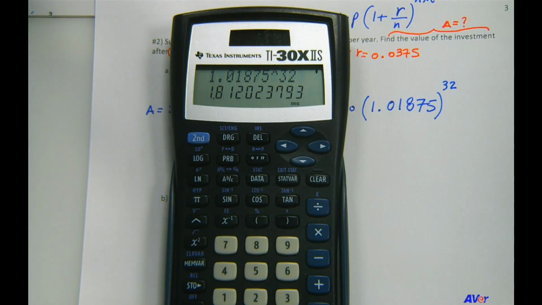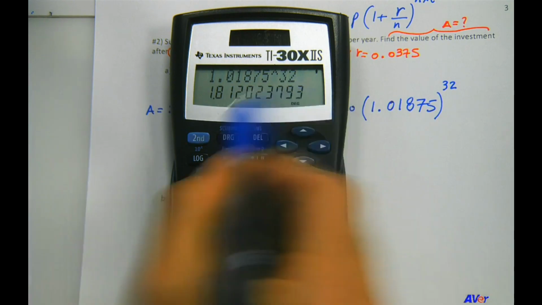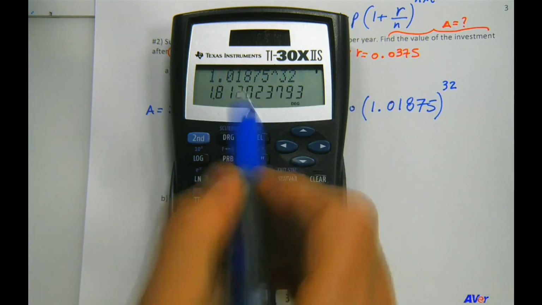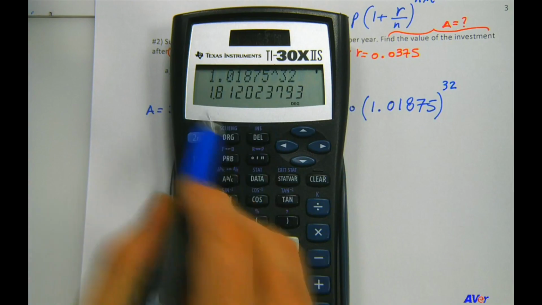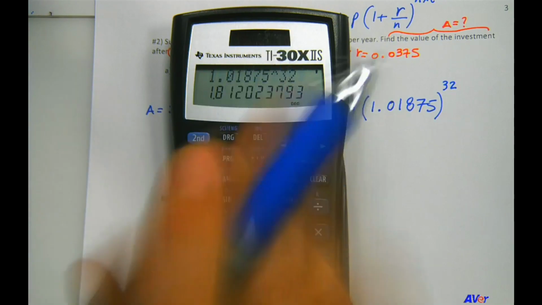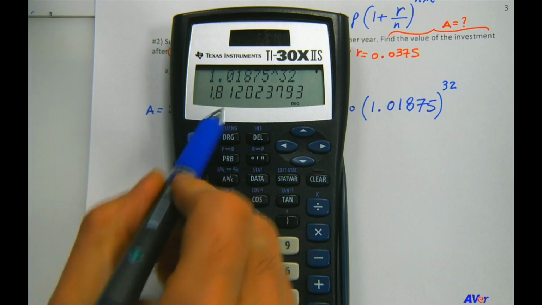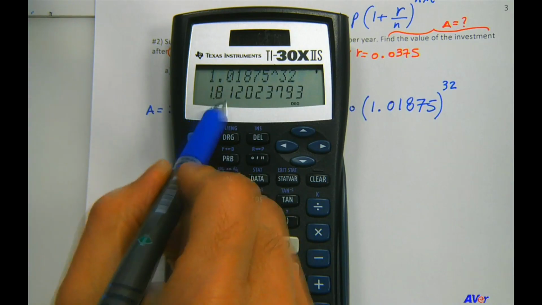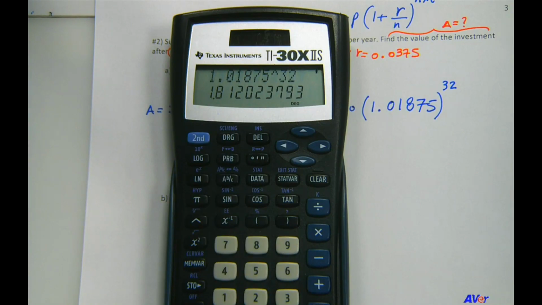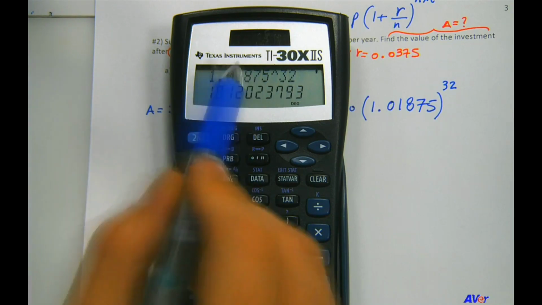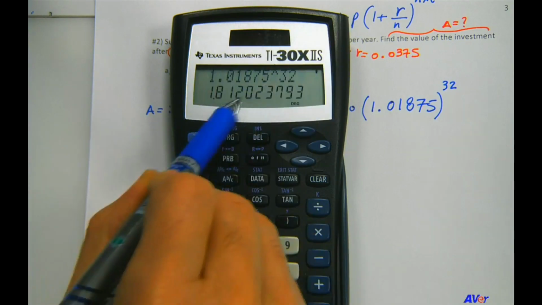Let me tell you, when you're working with exponential values, exponential formulas, exponential functions, in the middle of your calculations, always keep at least 4 decimal places. At the end you can always round numbers, but in the middle of your calculations, you want to keep at least 4 decimal places.